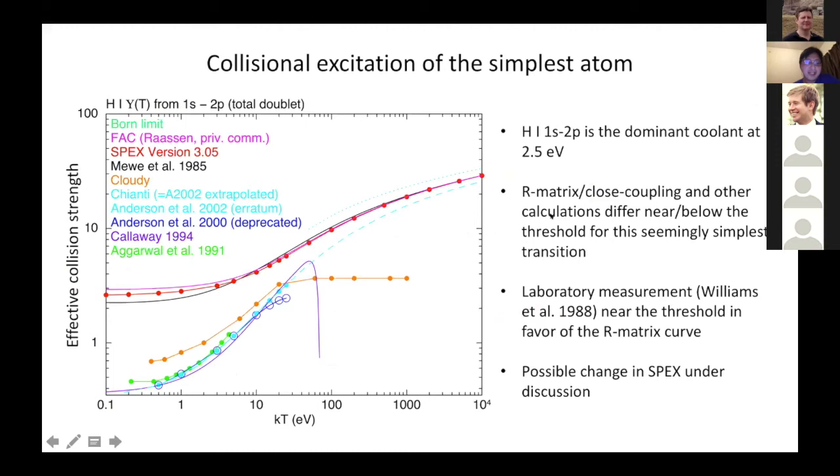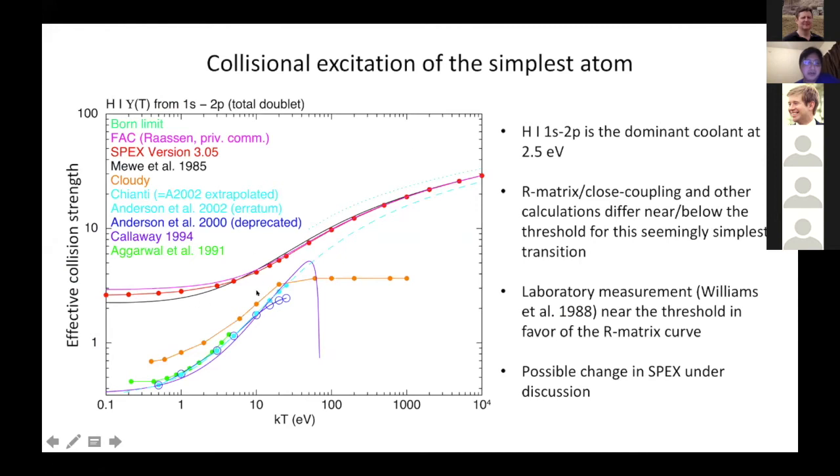So as I have said before, the atomic hydrogen Lyman alpha 1s-2p transition is now the main cooling ingredient at 2.5 eV, where our new calculation of the cooling function and the Cloudy curve does not agree very well. And we found that the existing collision strength calculation do not converge for this simplest transition of the simplest atom.